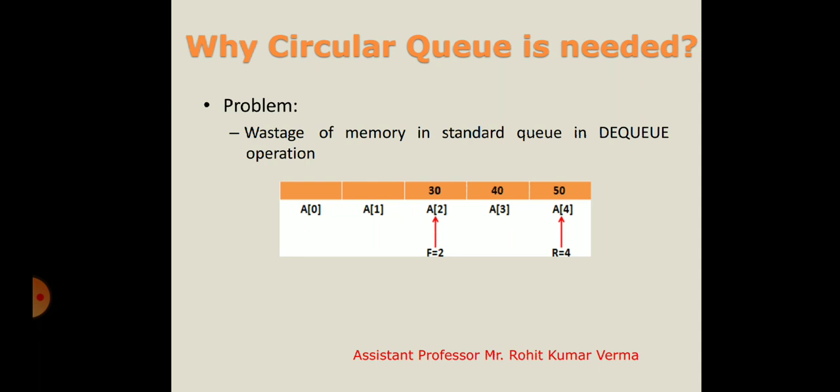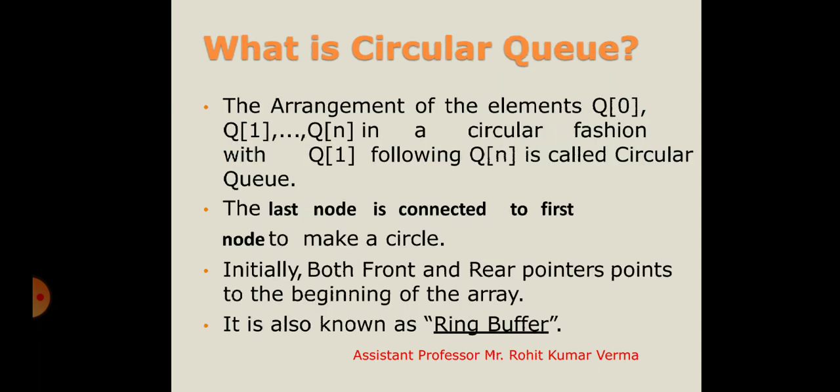Why is it not possible? Because at our last position we have an element. It will always produce an overflow condition, but we can see our previous locations are empty. Due to this wastage of memory, we use the concept of circular queue, where the last position is connected to the first position.